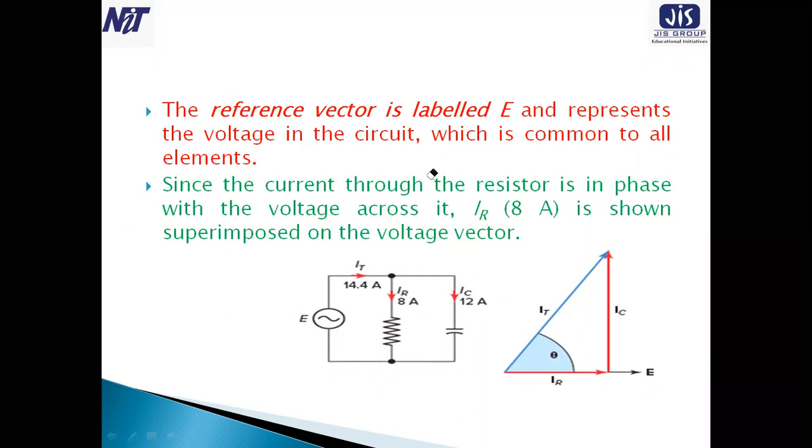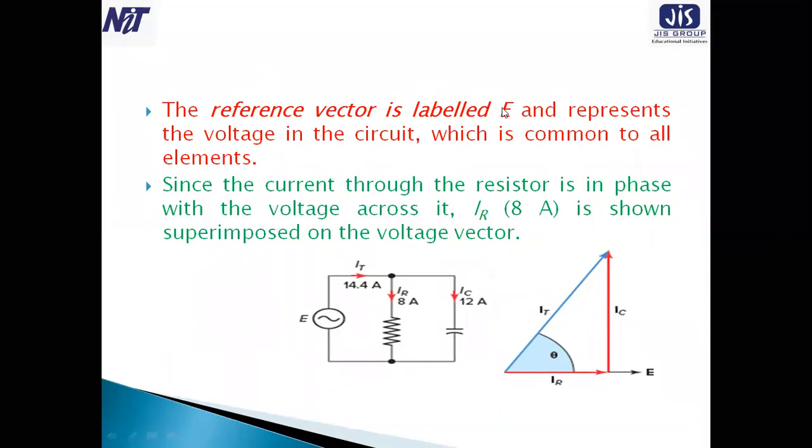Since the current through the resistor is in phase with the voltage across it, IR is shown superimposed on the voltage vector.